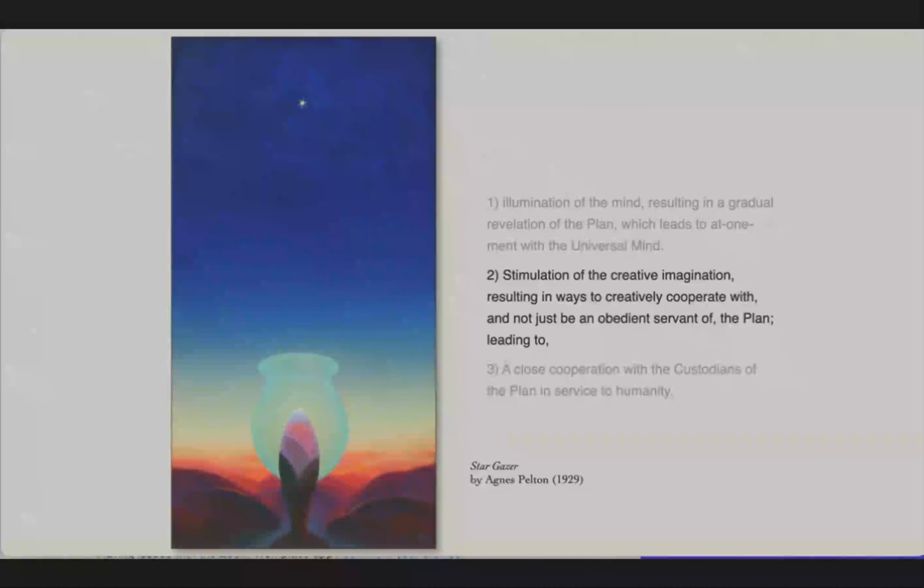You become an active creator in the process of carrying the plan out into the physical plane, into the lower quaternary. You're not just saying, whatever you say, just tell me and I'll do it. That's not it. It's creative imagination bringing forth that which will make of this desert a garden, right?